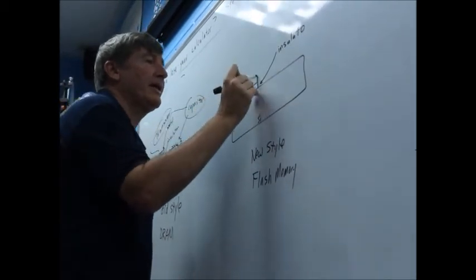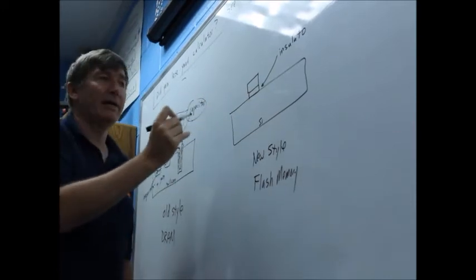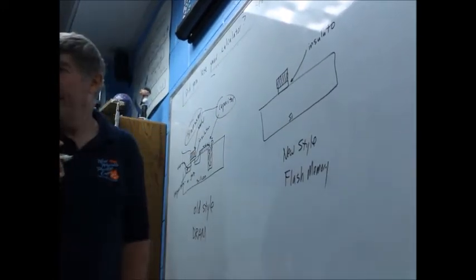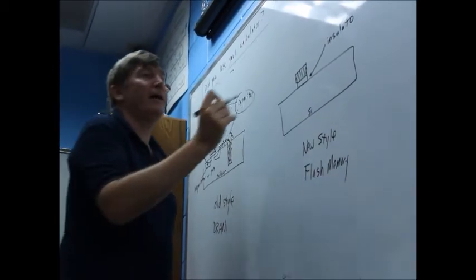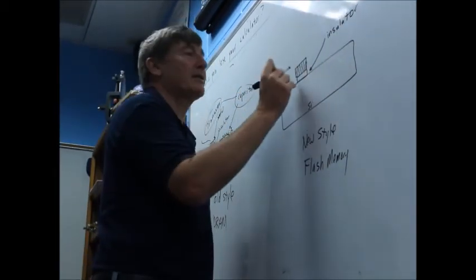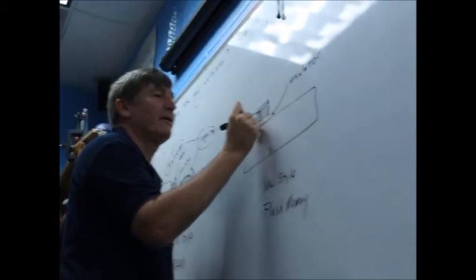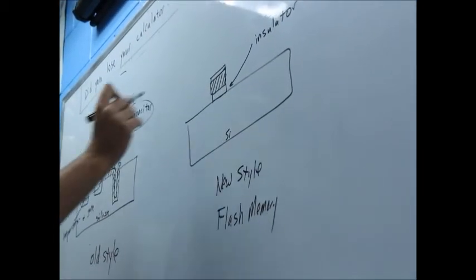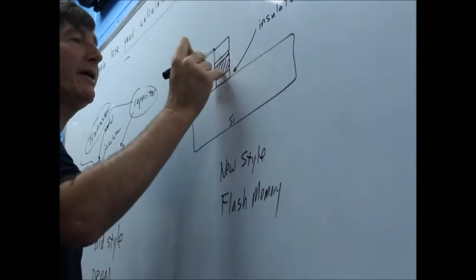Let's take this same metal layer that we had before. But now, let's put another insulator on top of the metal. And let's put another slab of metal on top of that.